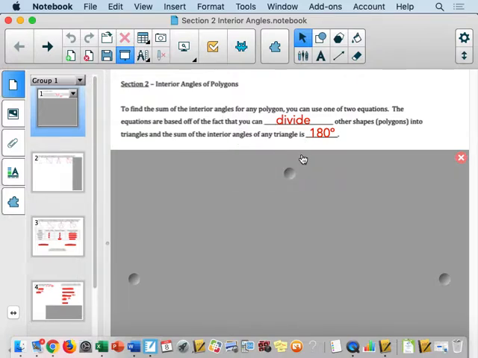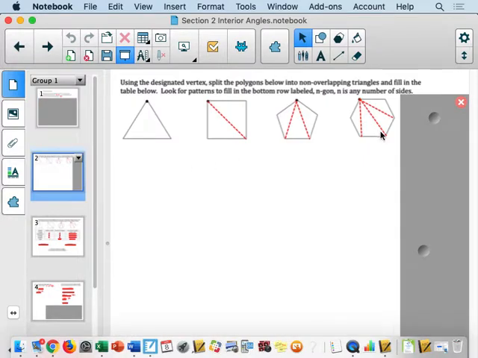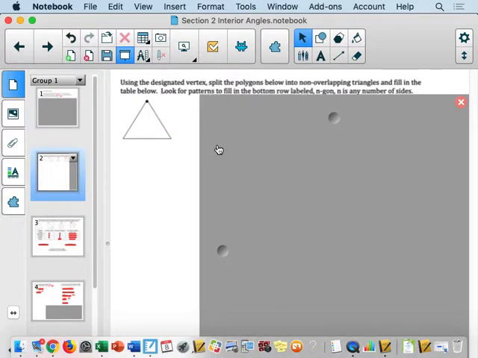So in the degree discovery activity, when it was asking you to relate it geometrically, we're going to establish that here together. First of all, it says use the designated vertex below to split the polygons into non-overlapping triangles.